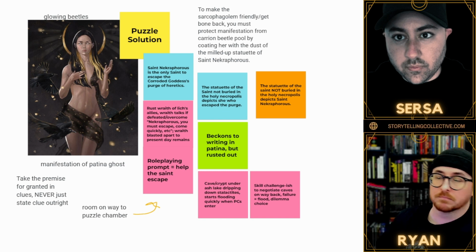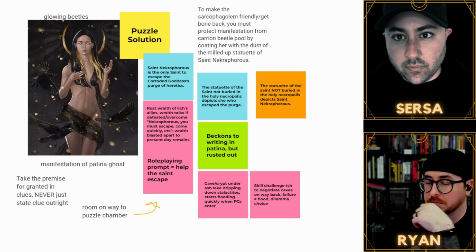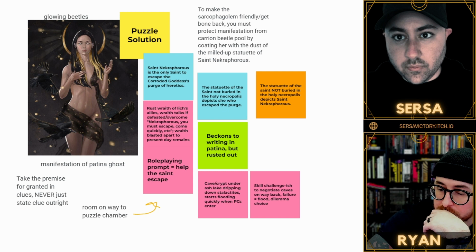Like, I'm imagining this cave crypt is an optional area, like you described. The players might see it and come across it. They don't have to go through it. They know it's dangerous, but that becomes a choice they can make. Do we want to try to get the benefit of solving this puzzle by moving through this dangerous area, or do we want to take our chances and move on?